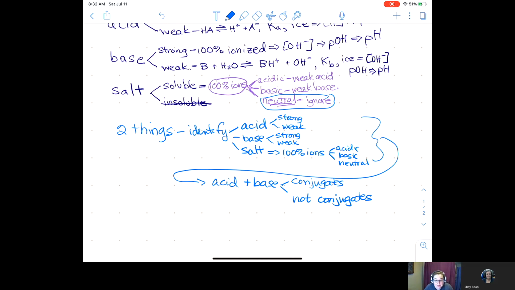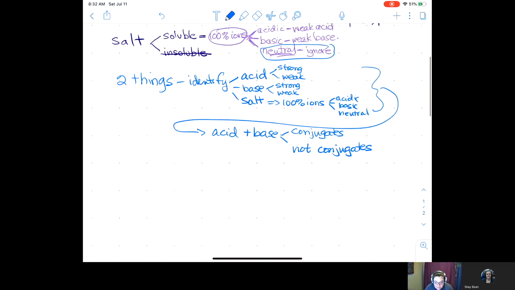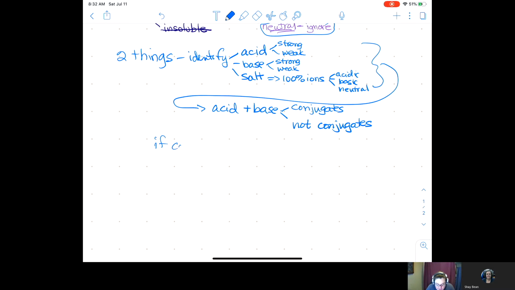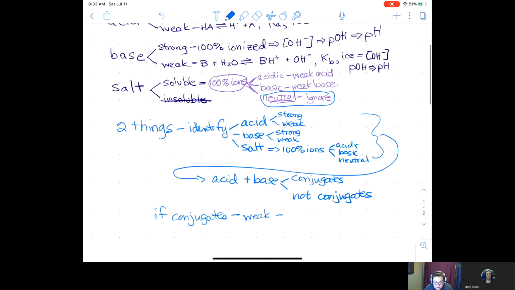If they are a conjugate acid-base pair, you will have a weak acid and a weak base by definition, because we're ignoring anything neutral. They will both be weak, in which case you can work this problem as either a weak acid or a weak base. It's your choice, and you might decide based on the availability of K values.